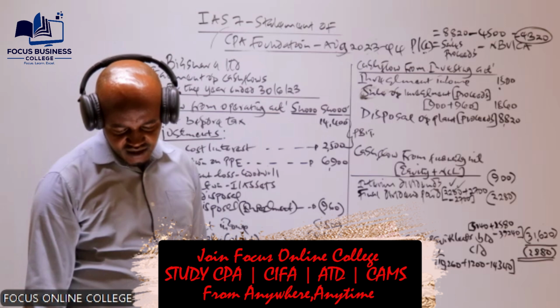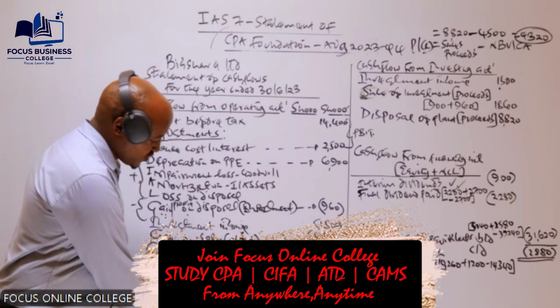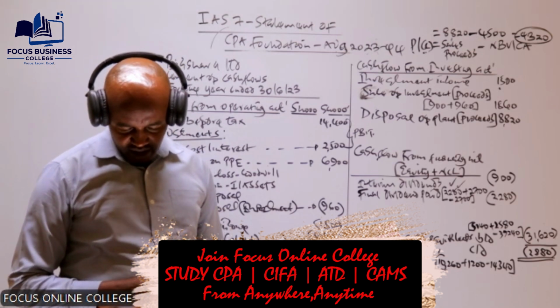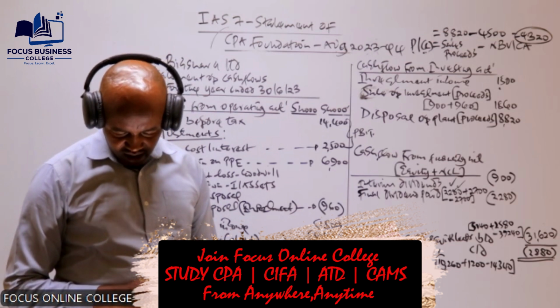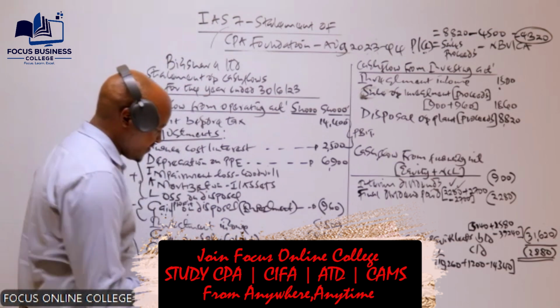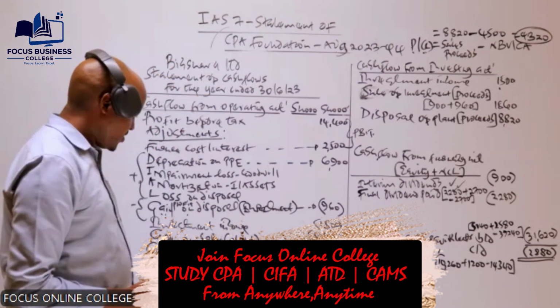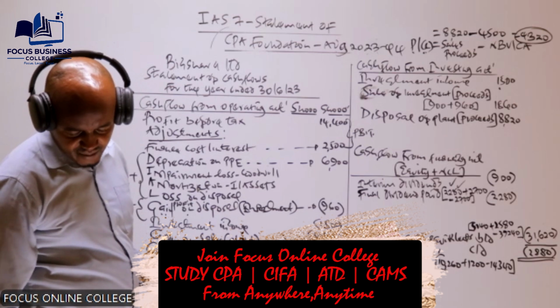Under the current liabilities, we only consider one item: accounts payable. For accounts payable, we use this formula: closing minus opening. So the closing is 35,100 minus opening, which is 31,500. And basically that will give us 3,600, which is a positive.